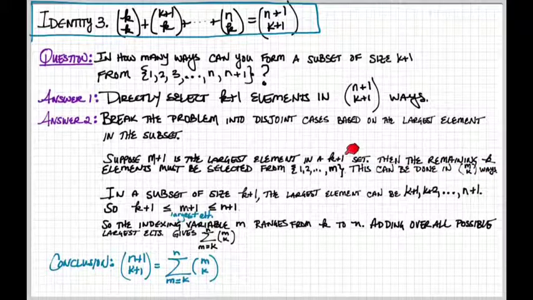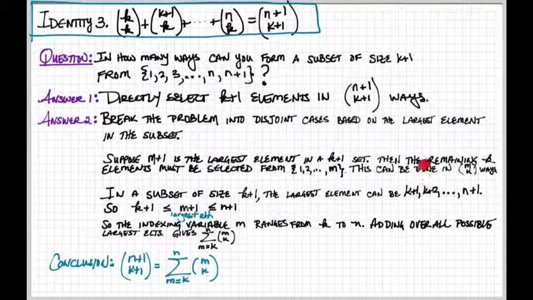Now, we have to worry about what the biggest element can be. So if my subset has size k plus 1, my largest element could be as small as k plus 1 itself. That's if the subset was 1, 2, 3, 4, up to k plus 1. And it can increase all the way up to the maximum element of the set, n plus 1.